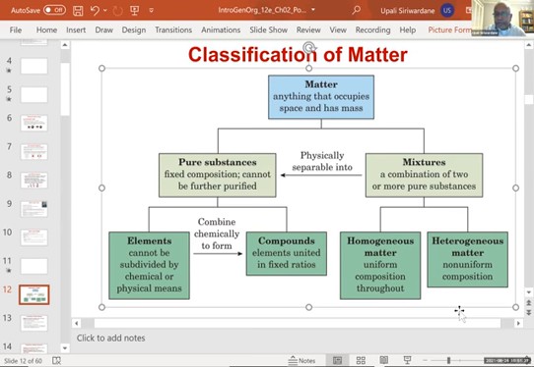Heterogeneous means different phases are present. Different phases means different particles with different composition are present, like in a garbage can, or like a piece of cookie. A cookie has heterogeneous nature.